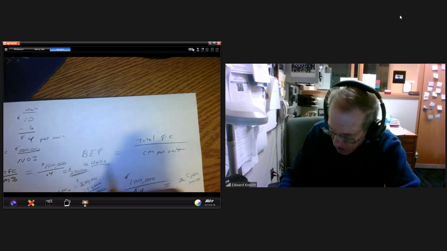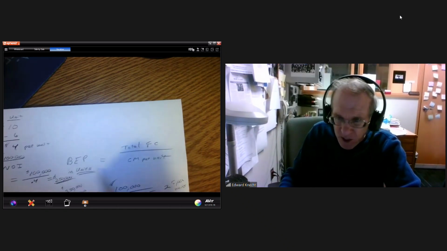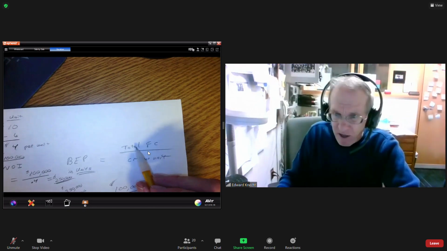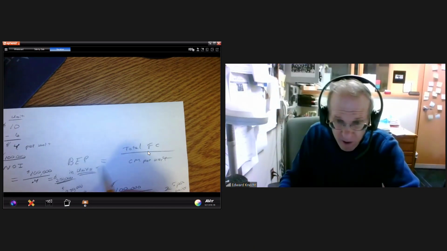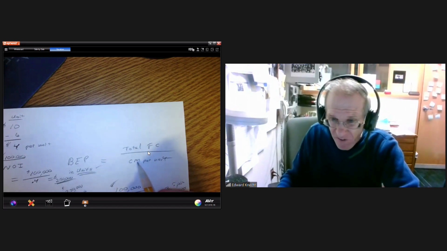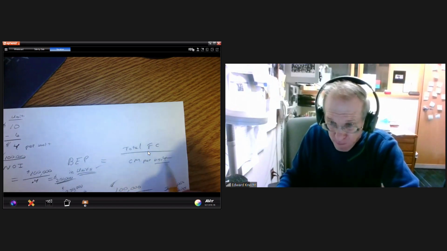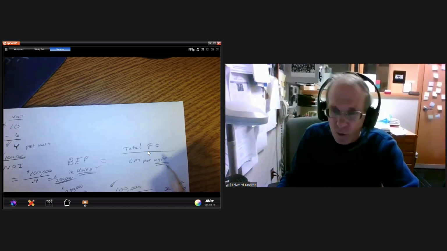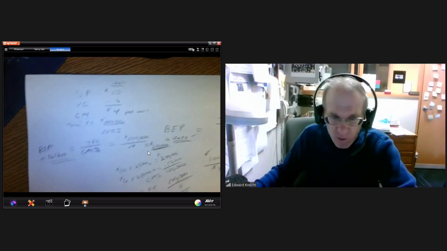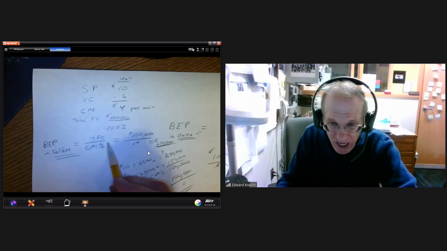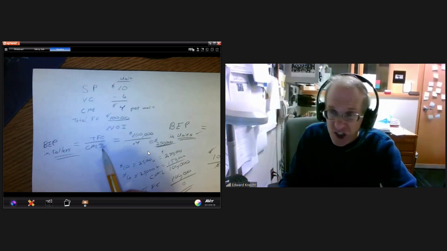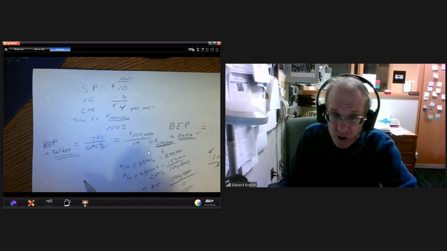So we got the break-even point in dollars, and then we got the formula for break-even point in units. I like it because I still take my total fixed costs either way, but here's the key word, in units. So I need to divide it by contribution margin per unit to give me the total units. If I want to know the break-even point in dollars, I got to use the contribution percentage or contribution margin.